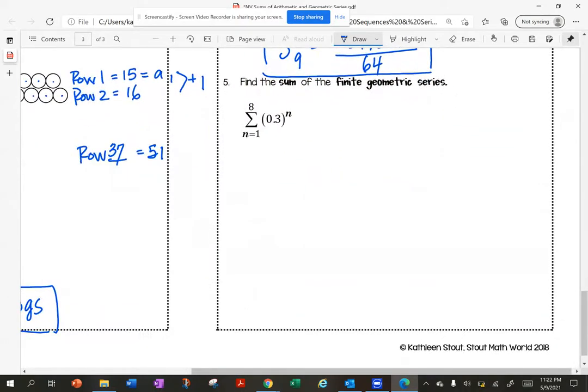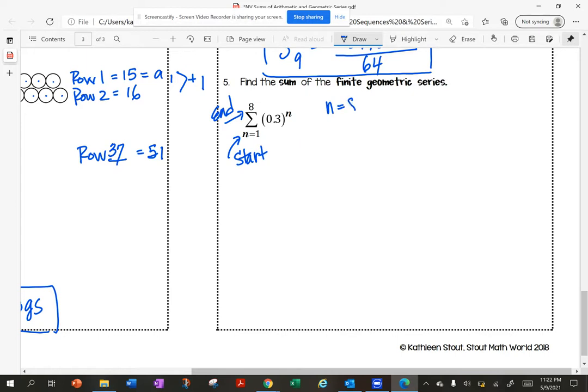All right, let's try an example with a sigma. So my starting value is at n equals 1. I don't have to start at 1, but this example does. So I'm starting at n equals 1, and I'm ending at n equals 8. So I know I have 8 terms. From 1 to 8, that's 8 terms.